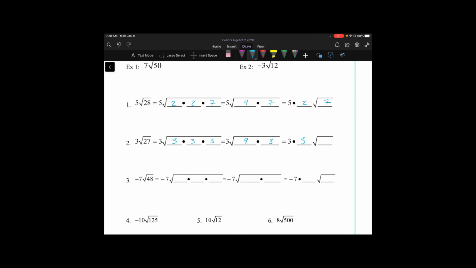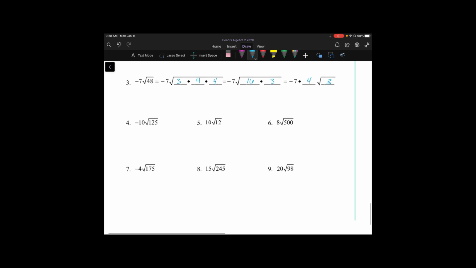So a 3 comes out, and we've got the 3 that stays in the house. 48 would be 3 times 4 times 4, 12 times 4. I mean 16 times 3, I'm sorry, 16 times 3. It's going to be easier because it's 16, the square, right? So the 16 comes out as a 4, and the 3 stays inside the house.